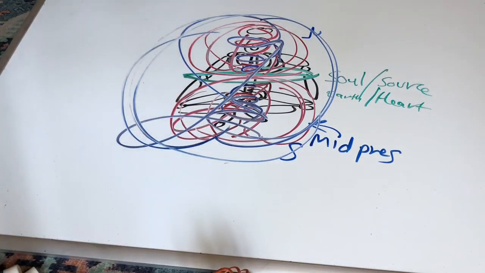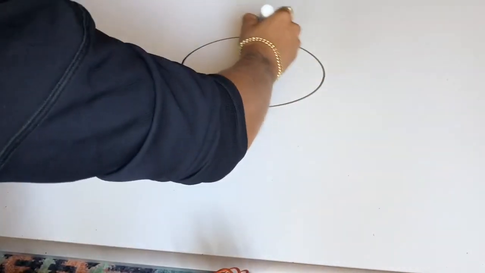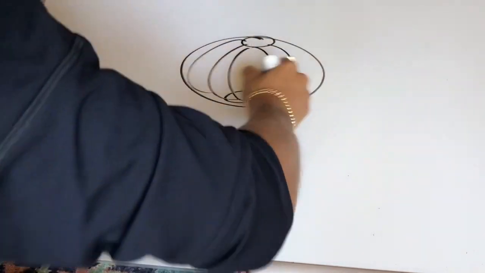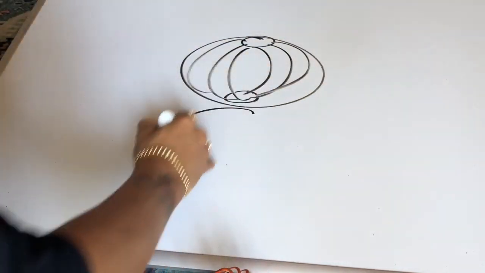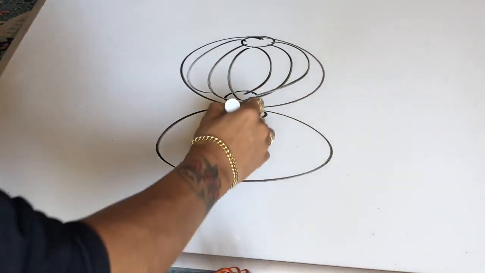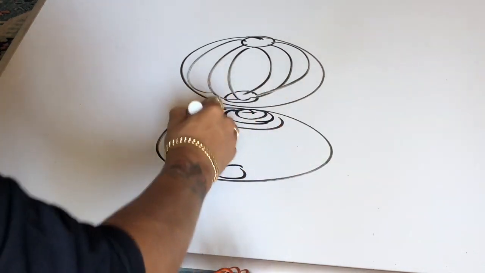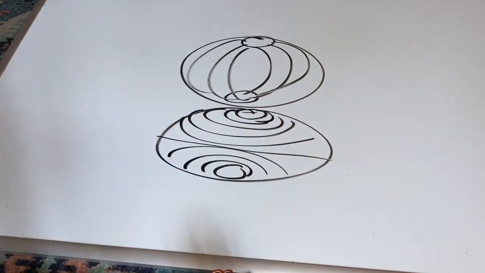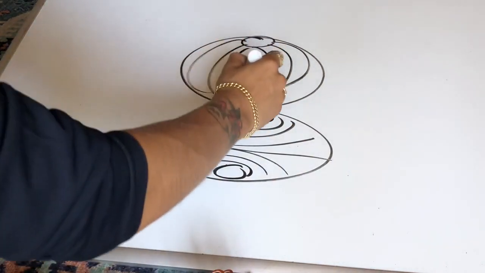So when you look at it, it looks like this. Sometimes it looks like a donut where it just comes out of the top into the bottom. And sometimes people will draw it like this, where it's just like that.